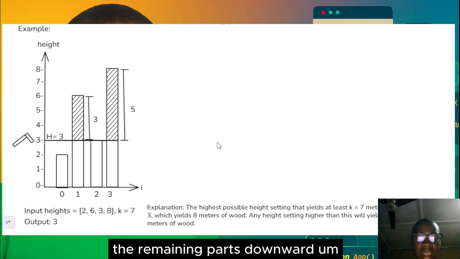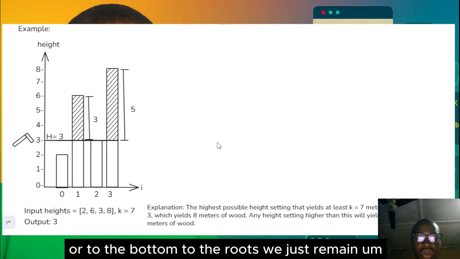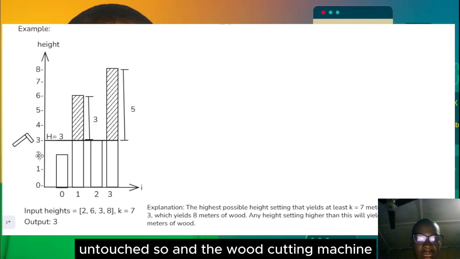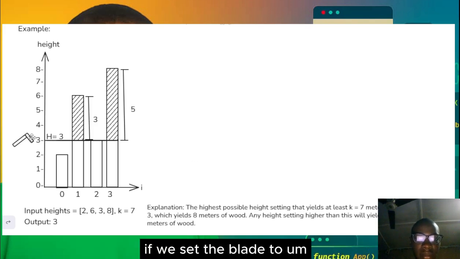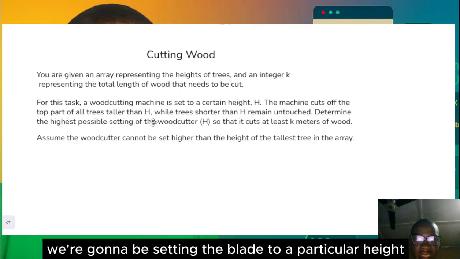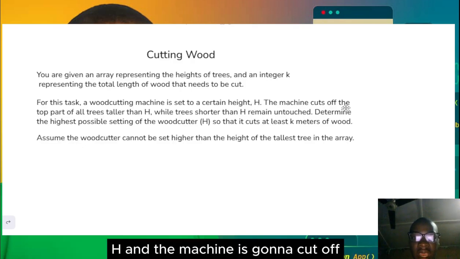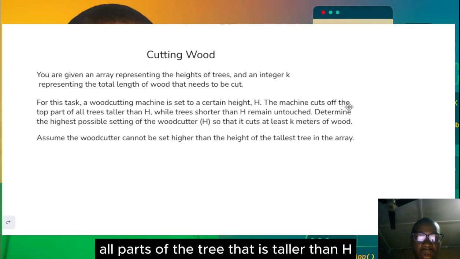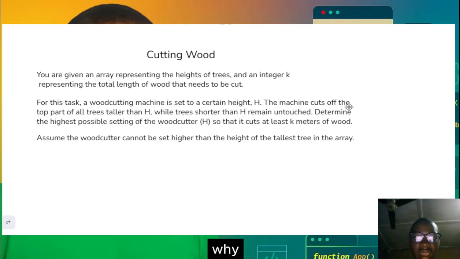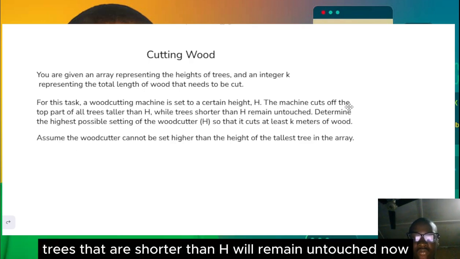The remaining parts downward, to the roots, remain untouched. The machine cuts off all parts of a tree taller than h, while trees shorter than h remain untouched.